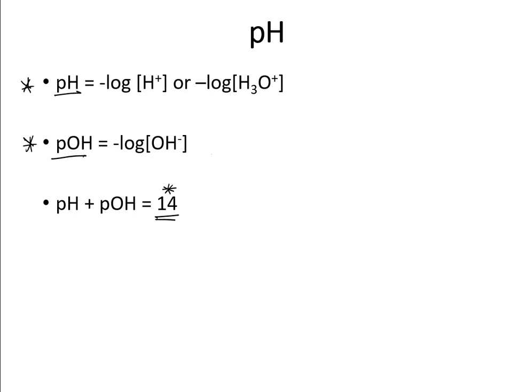If you want to measure pH using water as your standard of measurement, the pH scale will go to 14. So let's take note of that. This will be equation 1, this will be equation 2, this will be equation 3. We are going to use these 3 equations to determine pH of solutions.